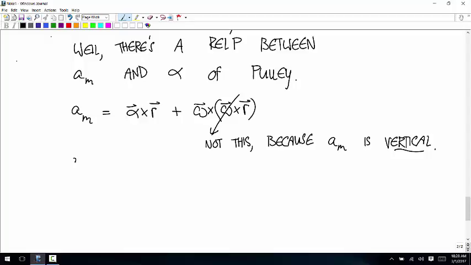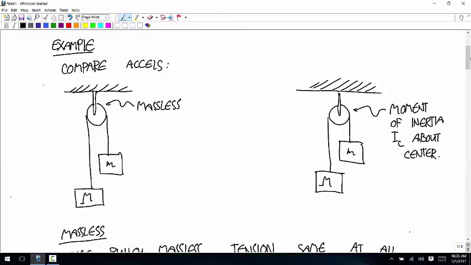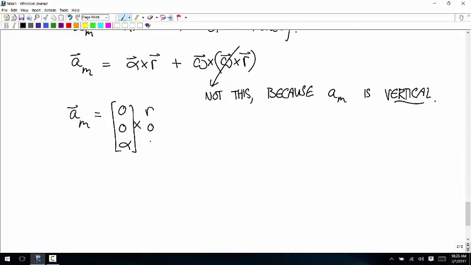Okay, so a sub m, and this is a vector, is equal to 0, 0, alpha, crossed with the r vector to that point where the little m cable touches the pulley. So what's the r vector from the center of this circle to this point here? It's in the positive x direction, r. So r, 0, 0.